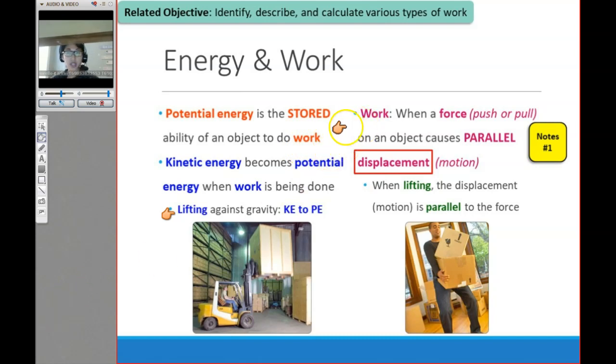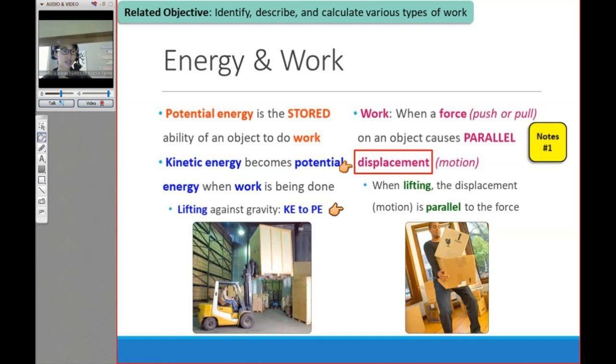Okay, so that being said, what is work? The way that we understand work is when a force, any force, which is a push or a pull, on an object causes a parallel displacement. And another way to say displacement is a motion or movement. So when a force causes something to move in the parallel direction. Now that could be the same direction, right?